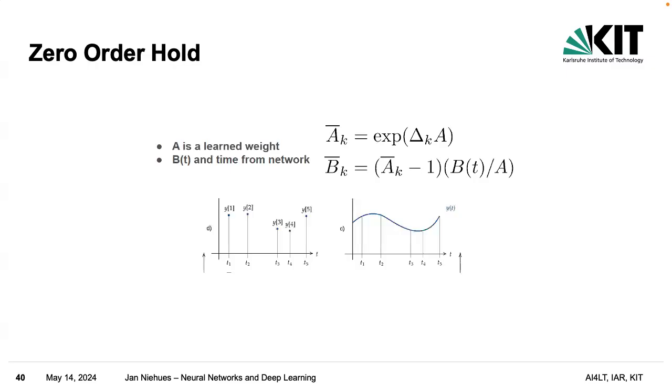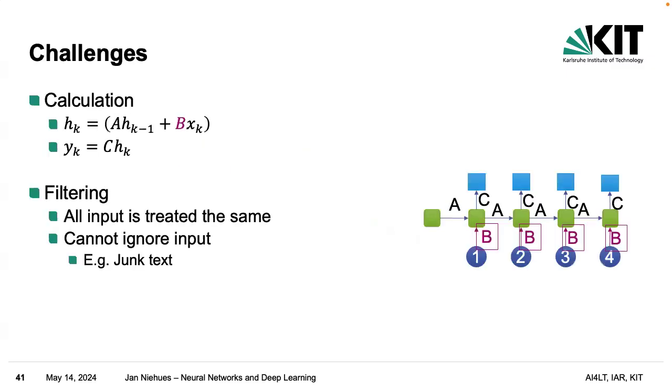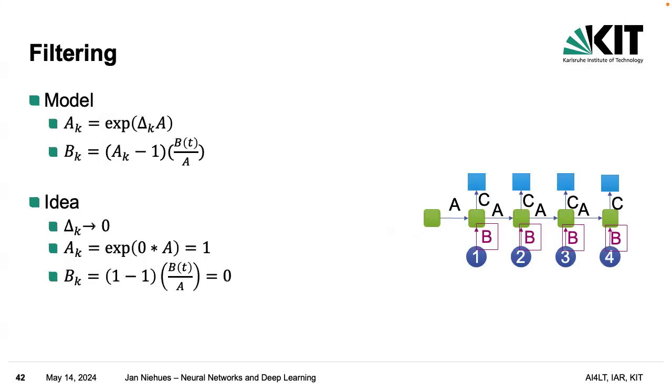What does it mean? Remember, we have the two challenges. On the one hand, we want to do filtering, so we want to filter out the input and ignore the junk text. If we're doing this type of implementation, in this case we are trying to set our delta k very near to 0, because if we set it to 0, our ak is exp of 0 times A, so we have mainly 1.